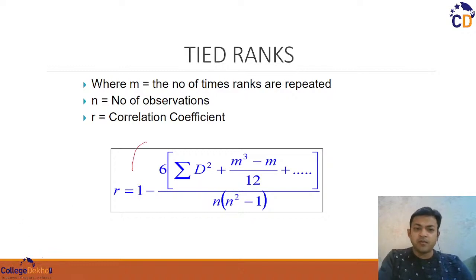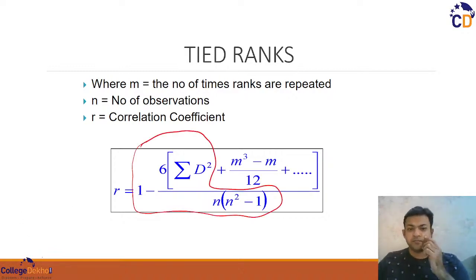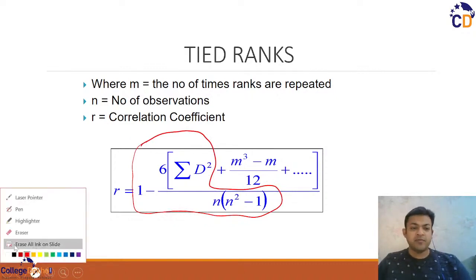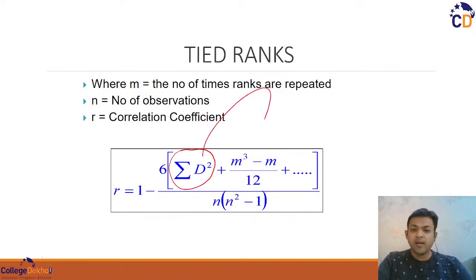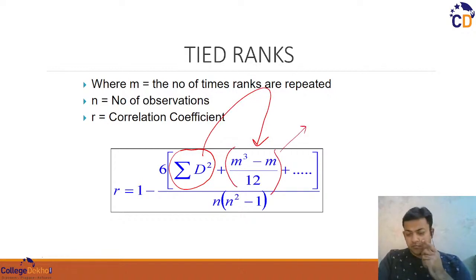If you remember, this part of the formula remains the same. This is exactly what we did previously, so no changes in this part. What actually does change is, to the term summation of d square, we now add m cube minus m over 12 in a summation.